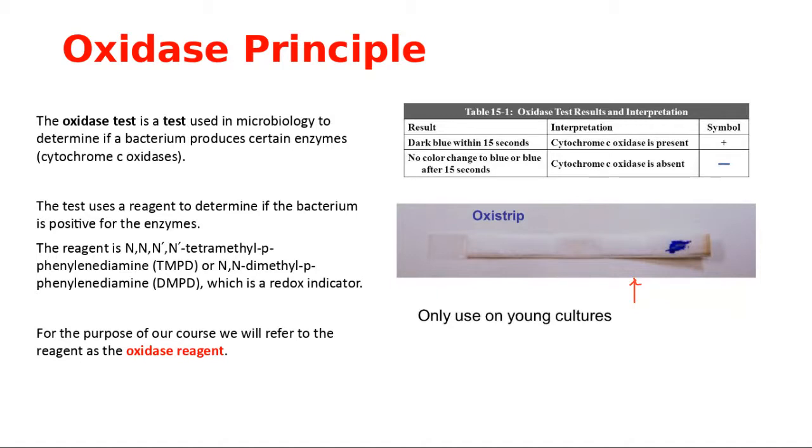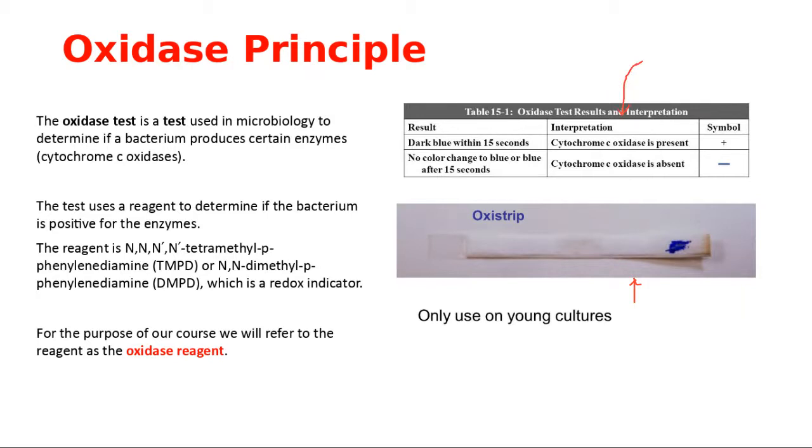Here's the reagent. It's N,N,N',N'-tetramethyl-p-phenylenediamine, right? It's a redox indicator, and what it's looking for is the presence of that particular enzyme.